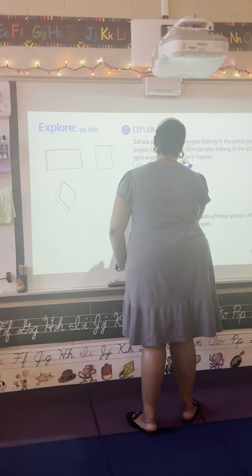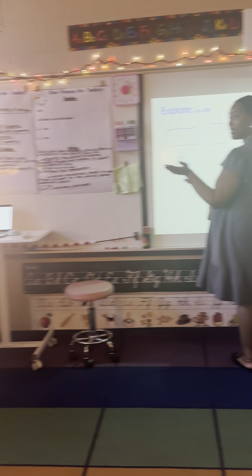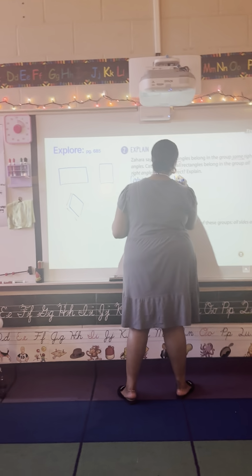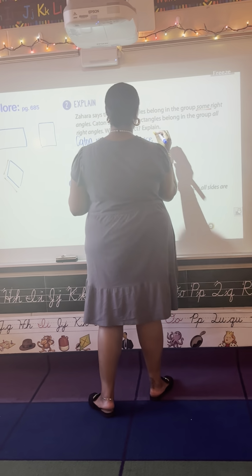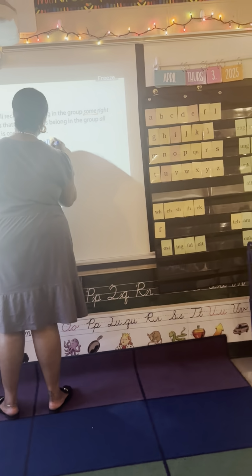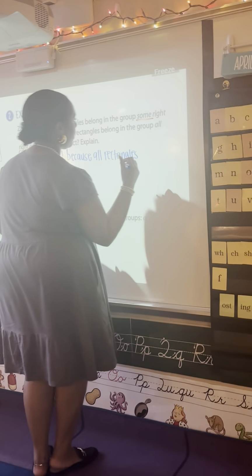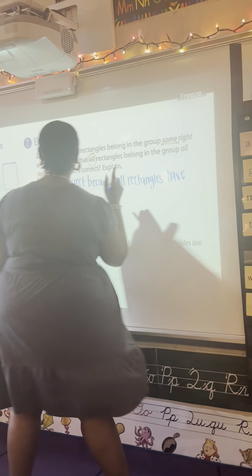He just explained basically that all rectangles have how many sides? 4. 4. Katin is correct because all rectangles have 4 sides.